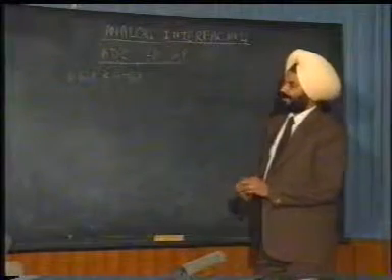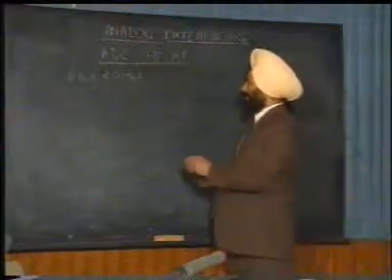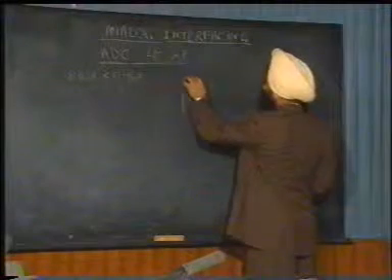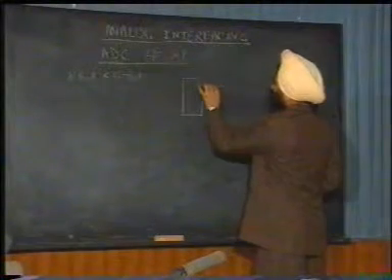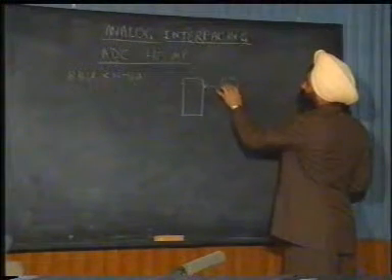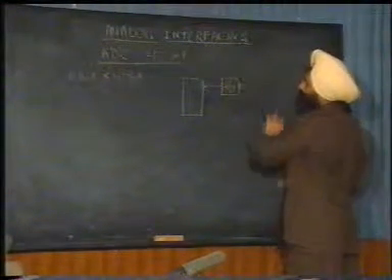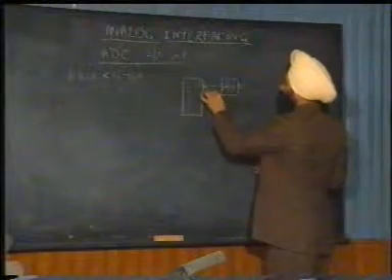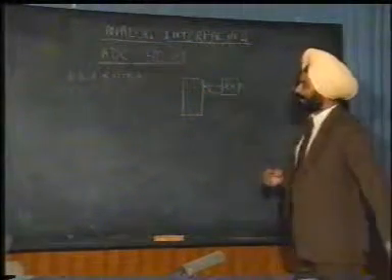In this case, whenever an A to D converter has to be interfaced, we have the analog signal here, presumably supplied by a sample and hold circuit. So this analog signal V in is to be converted.